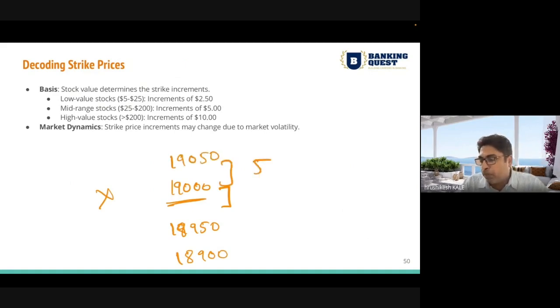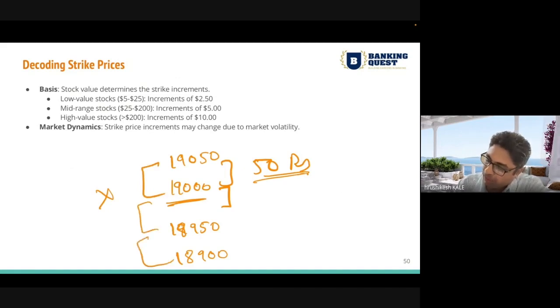That's the gap of 50 rupees, or 50 in the index. Why can't we have a gap of 25? We can have a gap of 25. So this gapping of strike price is decided by the exchange.